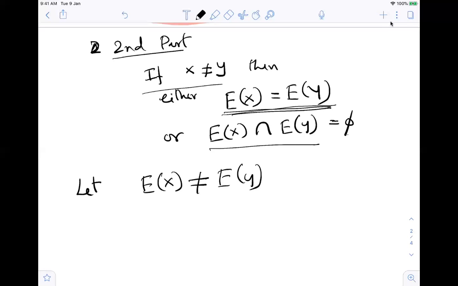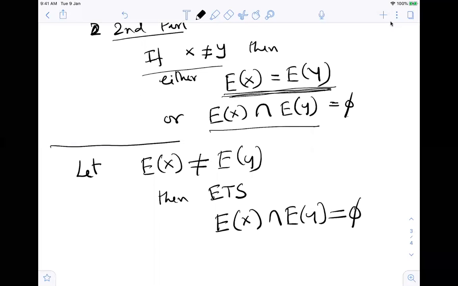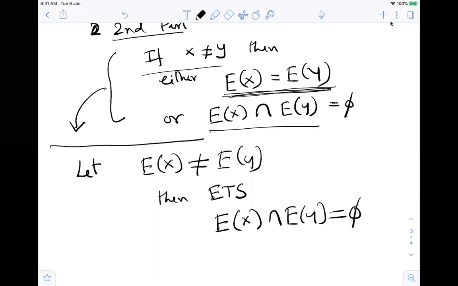But if this does not happen, then it is enough to show that these two are disjoint. Right? So this is the same formulation of this statement.